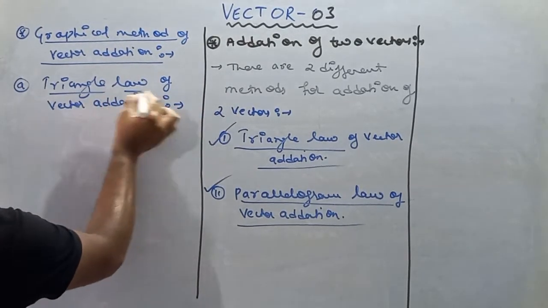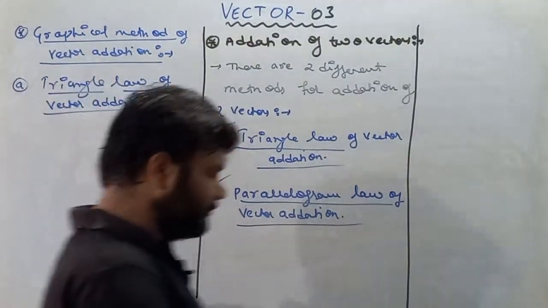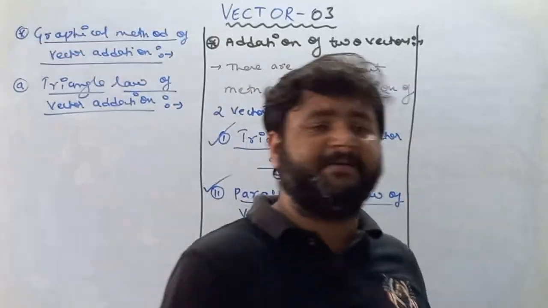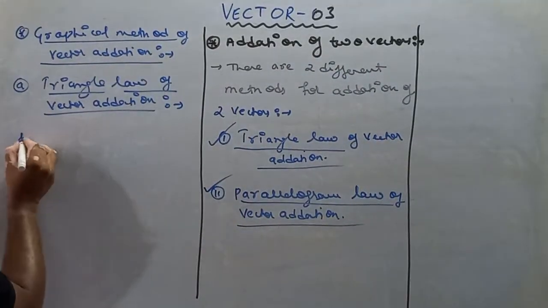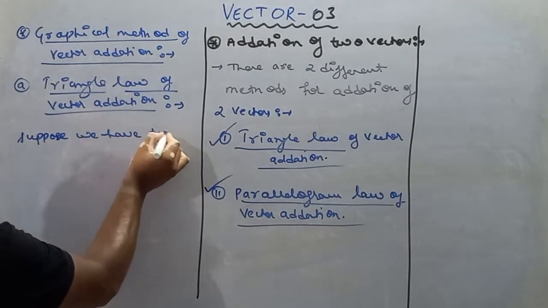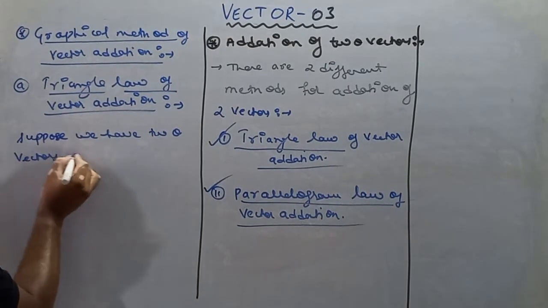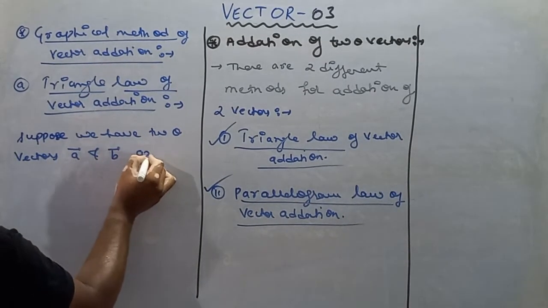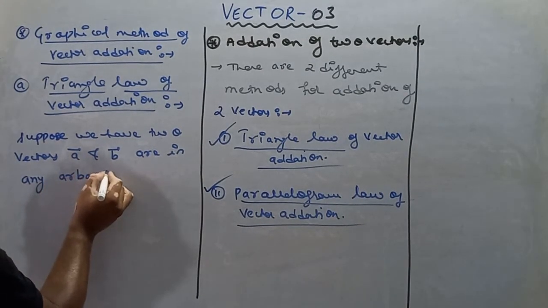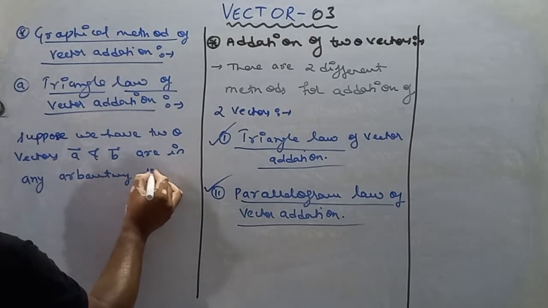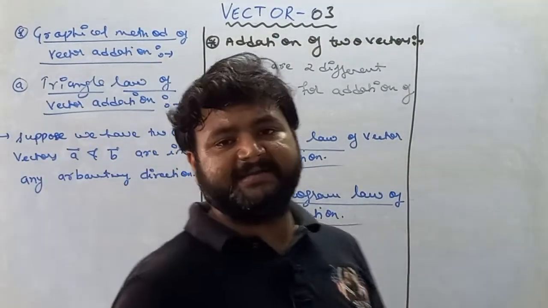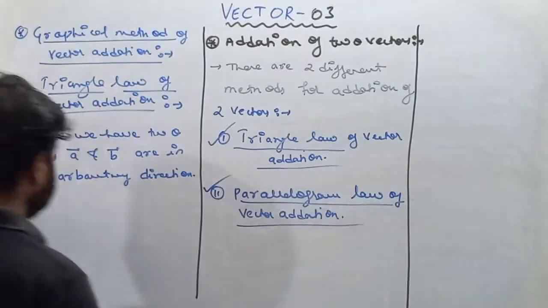My dear students, suppose we have two vectors, A vector and B vector, in any arbitrary direction.